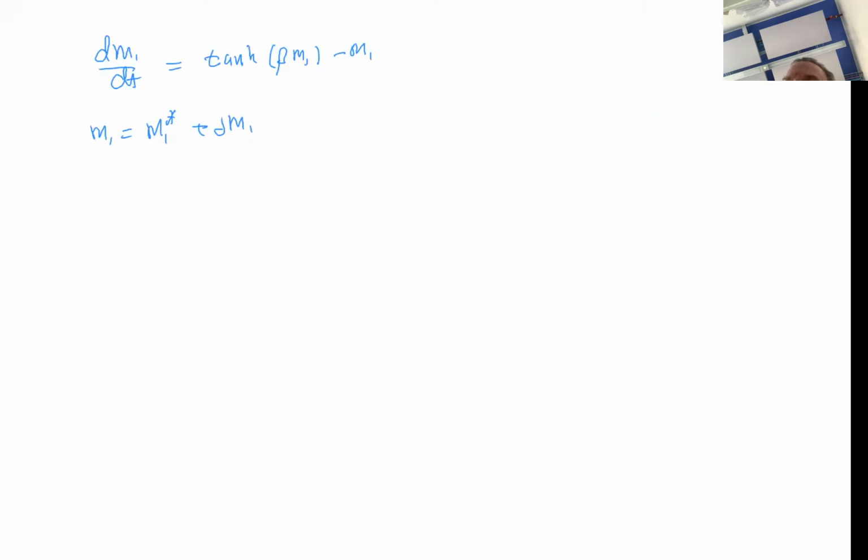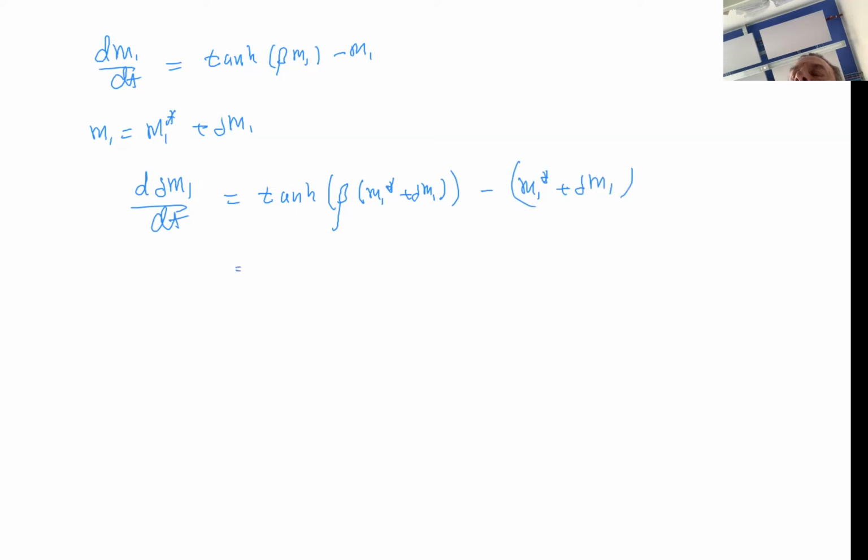And we linearize and we get d delta m1 dt equals tangent beta (m1 star plus delta m1) minus (m1 star plus delta m1).